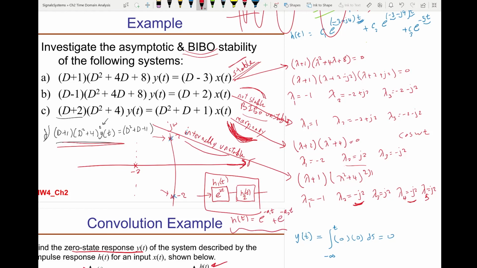So when you look at the impulse response of this big block, it looks like bounded input, bounded output stable. But then when you look internally here, this subsystem is not stable. So there could be input that will come here, will cause this subsystem to collapse, and the whole block will be unstable. So just by looking at the external impulse response of the whole system, you can only determine if it's bounded input, bounded output stable.